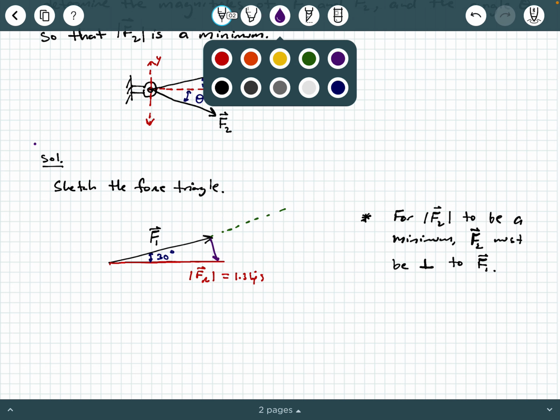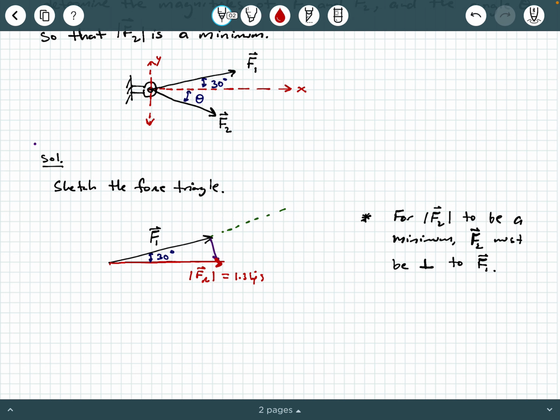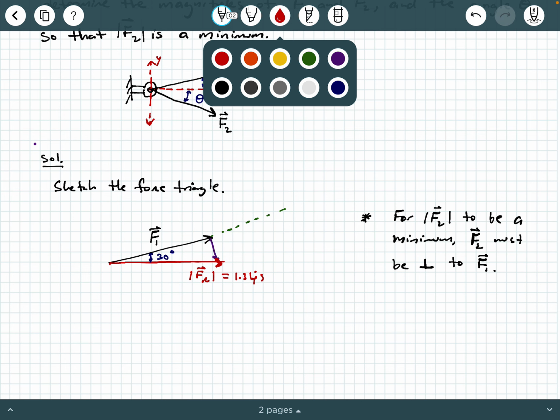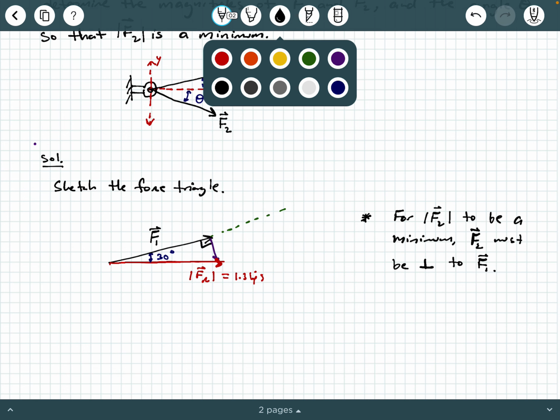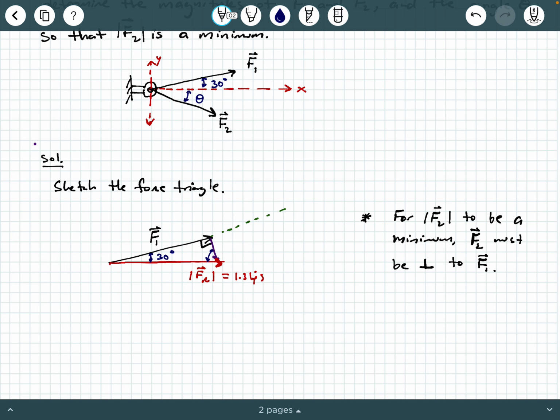So I'm going to adjust this and put that arrowhead here. And again, F2 should be perpendicular to F1, which means I'm going to have a right triangle right here, a right angle right here, and this angle is theta, okay?